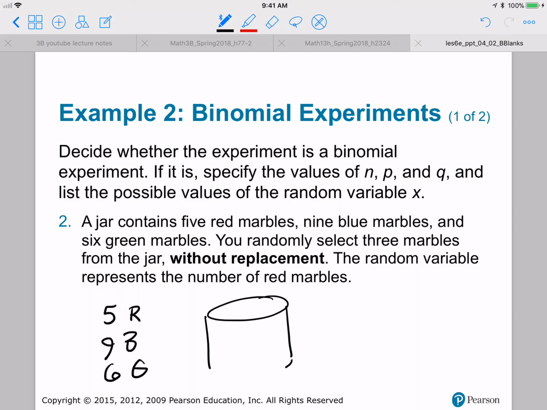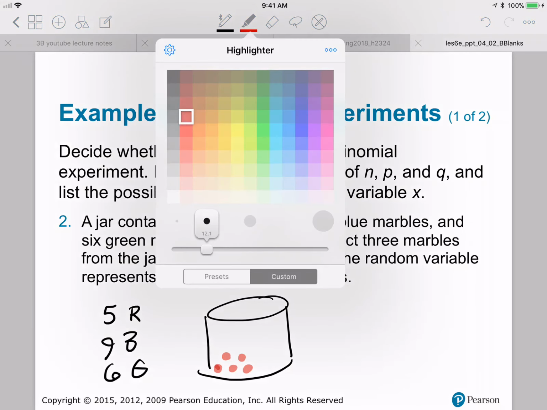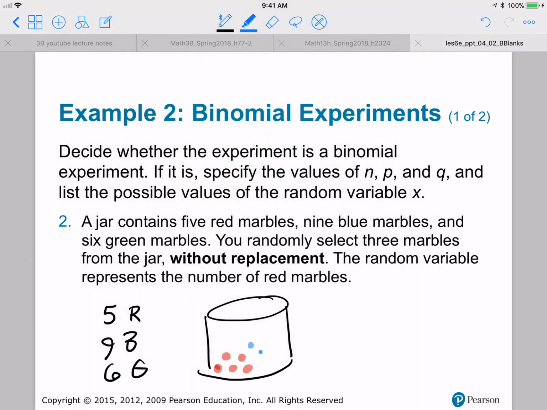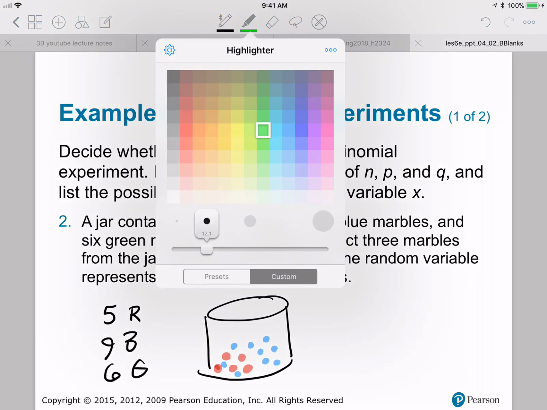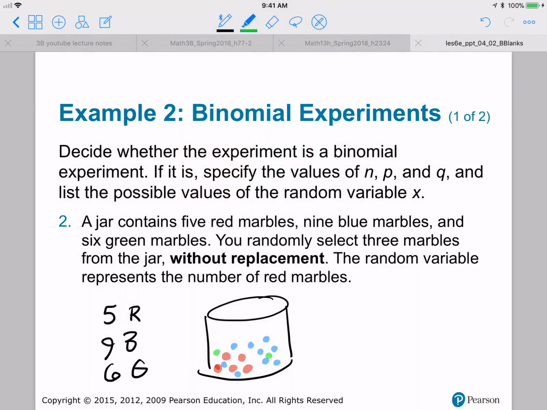So here's our jar: we've got 5 red, 1, 2, 3, 4, 5, 9 blue, 1, 2, 3, 4, 5, 6, 7, 8, 9, and then 6 green, 1, 2, 3, 4, 5, 6.